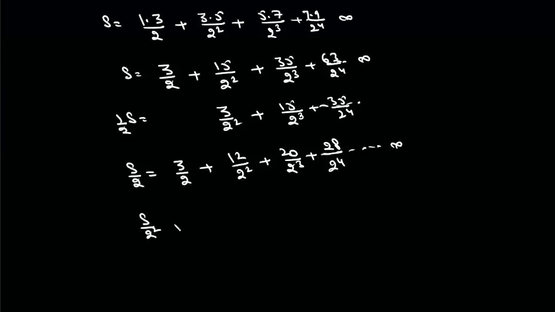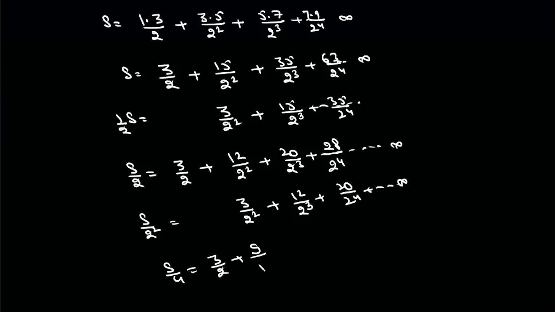So it will be S upon 2 square, and this is 3 upon 2 square, 12 upon 2 cube, 20 upon 2 to the power 4 up to infinite, and we subtract this, we get S by 4, this is 3 by 2, this is 9 by 4 plus 8 upon 2 cube, 8 upon 2 to the power 4 up to infinite, and this is nothing but an infinite GP.